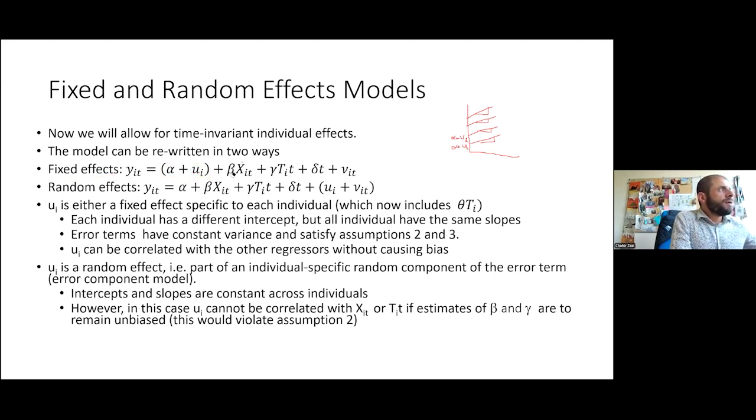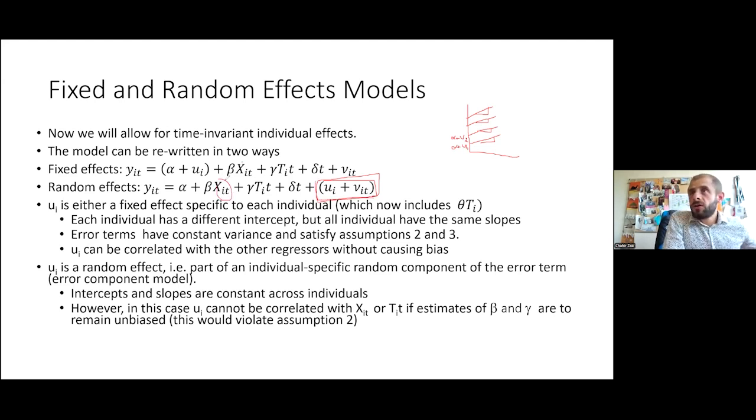However, if I don't do this, but I keep the UI part of the error term, in this case, the error term will stay as it is, UI, plus the traditional error term, mu it, right? But in order to have a sound and an unbiased estimation, we need to assume that the error term here is not correlated with my X's.